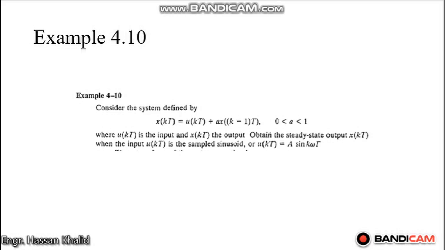You need to find out the steady state output x(kT) when the input u(kT) is the sampled sinusoidal, defined by sin(kωT). So let's apply the z transform on the signal.